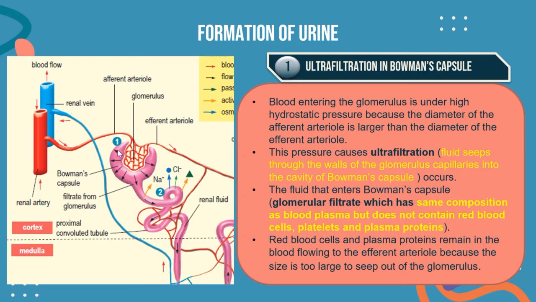Okay, so that is referred to as the ultrafiltration process. Ultrafiltration occurs when the fluid inside the glomerulus diffuses out from the glomerulus into the Bowman capsule here.